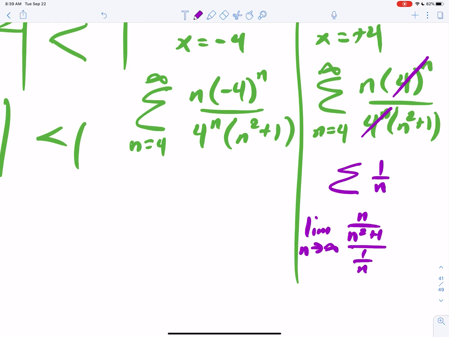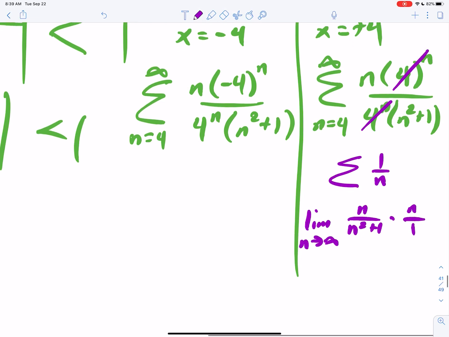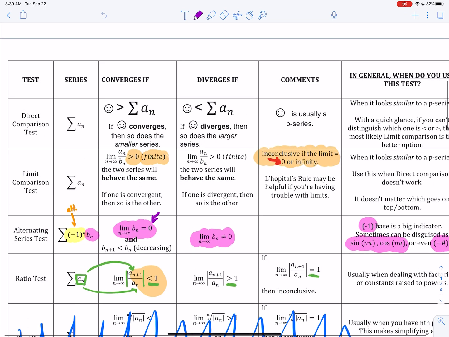Remember, you could just multiply by the reciprocal to create a shortcut. If you take a look at that, up top, the highest degree you're going to have is n squared. Same thing with down below, so this limit here comes out to 1. Let's take a look at our test real quick. We're running the limit comparison test.